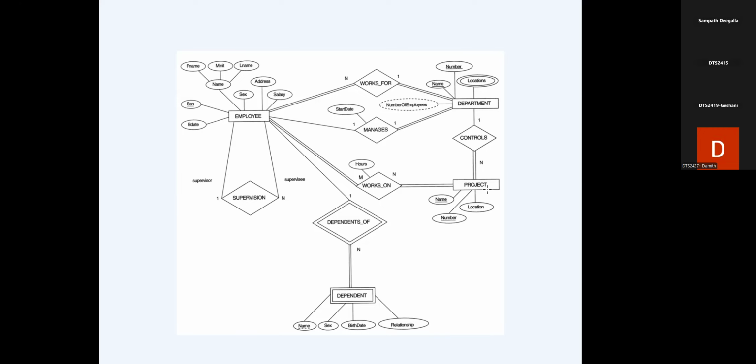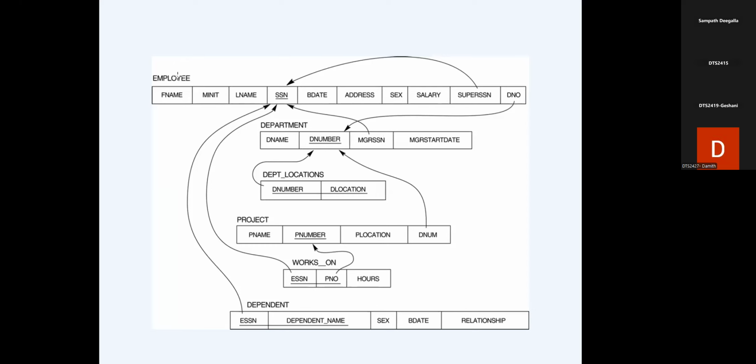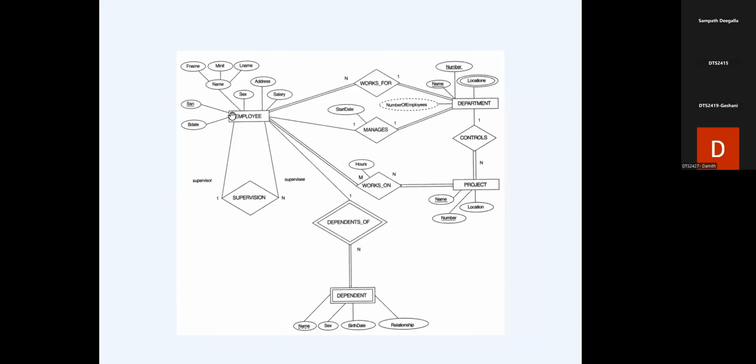So you will notice here, we have employee, we have department, and we have project. You list all the simple attributes and take one attribute as the primary key, and you underline it. So take the employee. What are the simple attributes? We have birth date, social security number, first name, middle initial, last name, sex, address, salary, all the simple attributes.